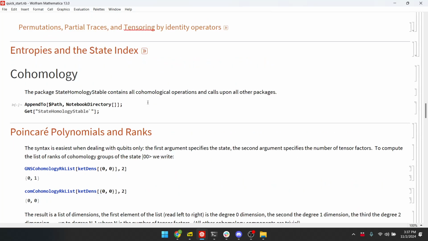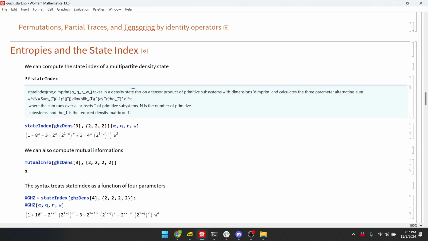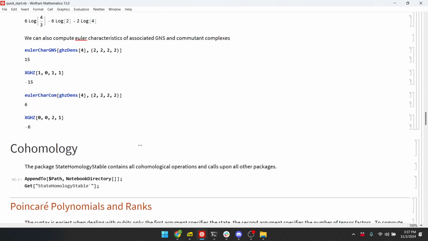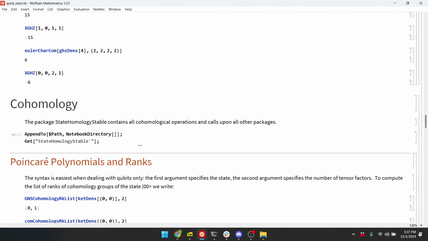Oh yeah, entropy's in the state index. Okay. All right, so I guess he can compute state indices of something, at least certain states. I guess he has some code to brute force it or whatever.